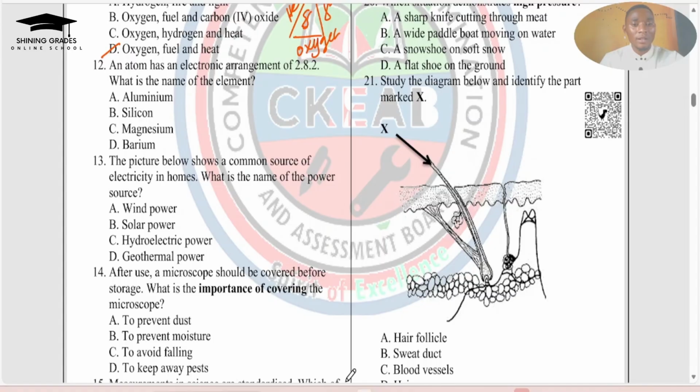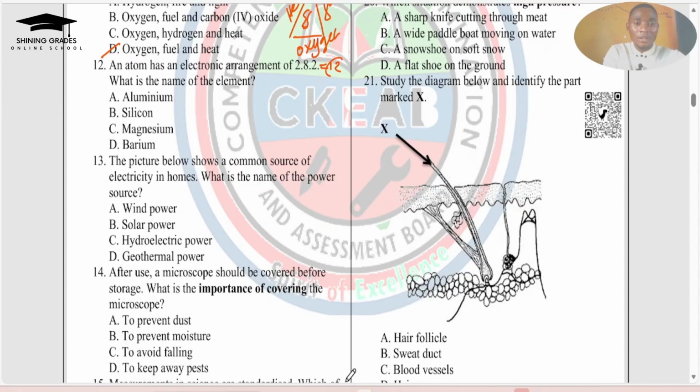So for 2,8,2, we have 2 electrons in the first energy level, 8 in the second, and 2 in the outermost energy level. When you take the sum of these electrons, you get 12 electrons.